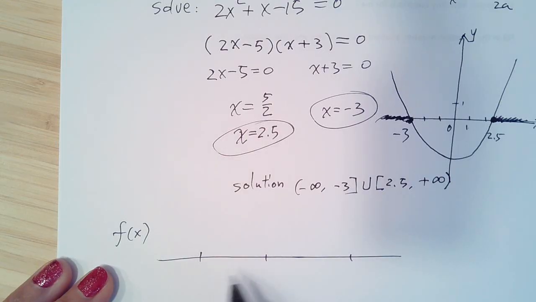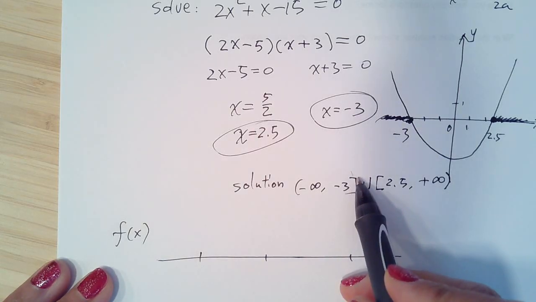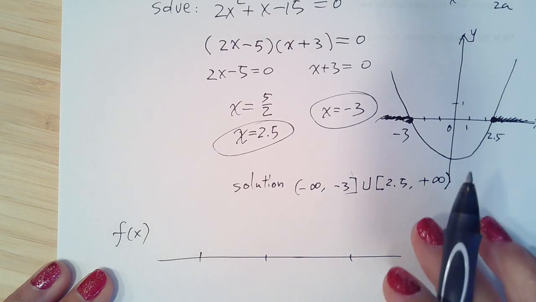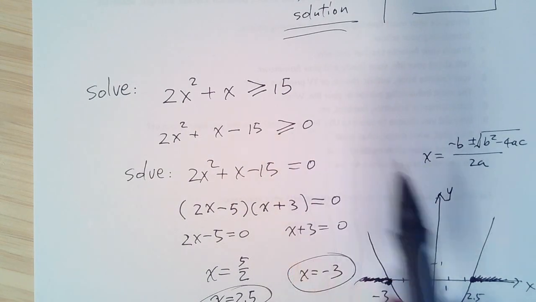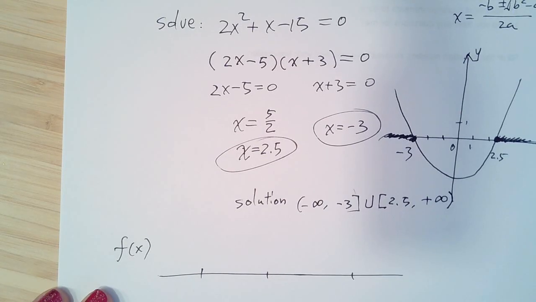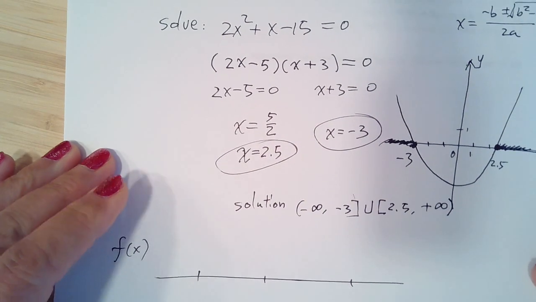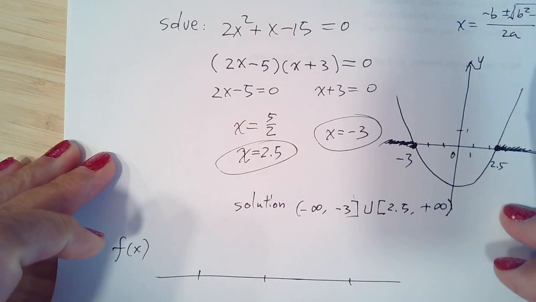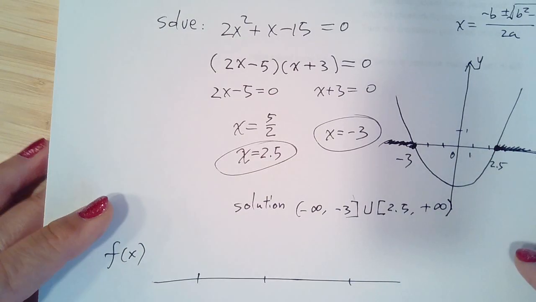Then you can determine which interval is your solution for the inequality. So that is the way. And of course, whether you choose the parenthesis or bracket depends on whether your inequality can be equal or not equal to. So you've got to think a little bit. So this is one way to find the solution for the polynomial inequality.